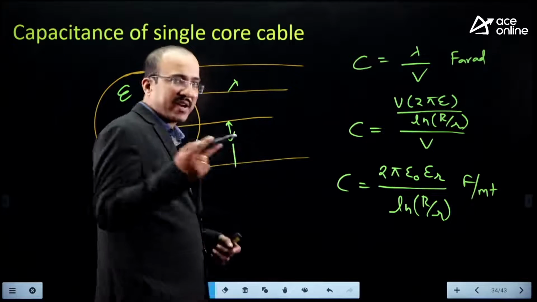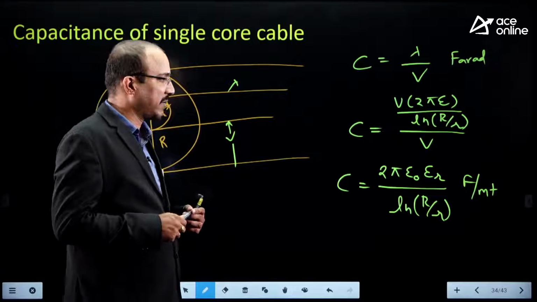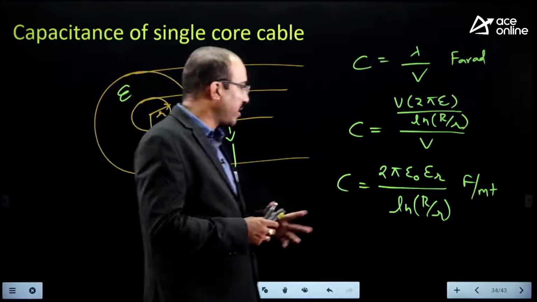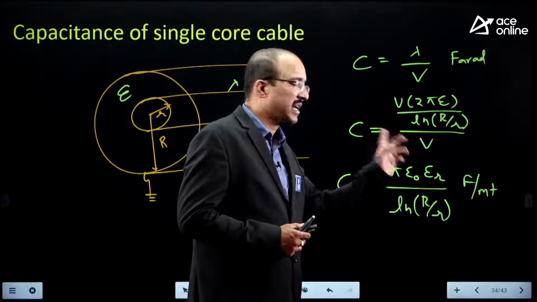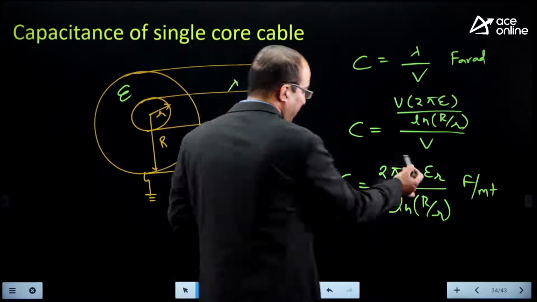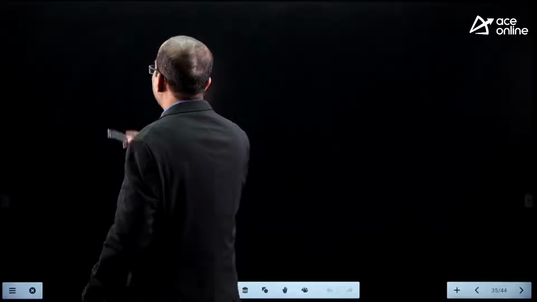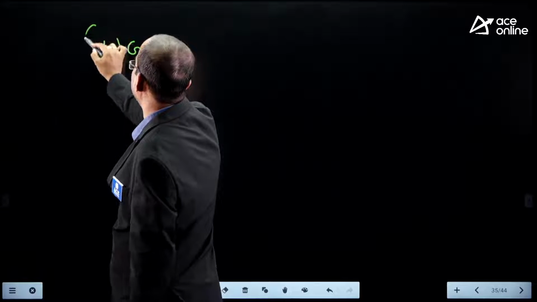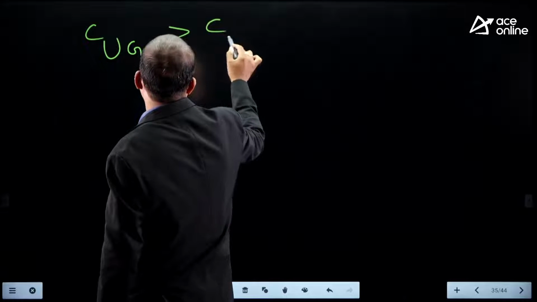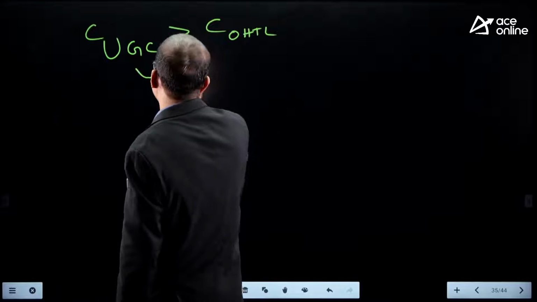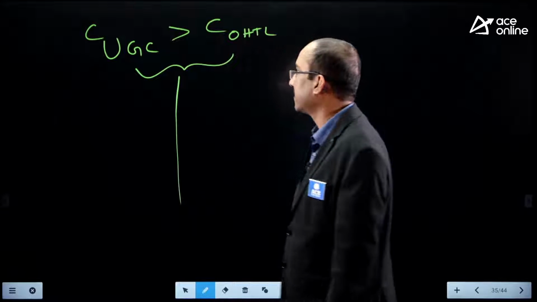The capacitance effect will be high in an underground cable when compared to an overhead transmission line. In an overhead transmission line, the relative permittivity is 1, but in an underground cable, the relative permittivity will be more. So the capacitance in an underground cable will be more. Why?